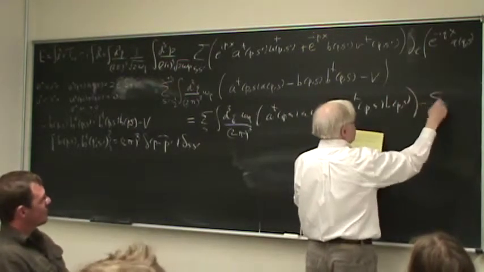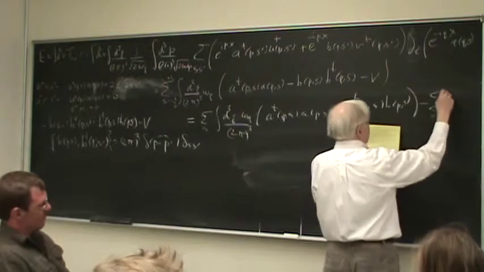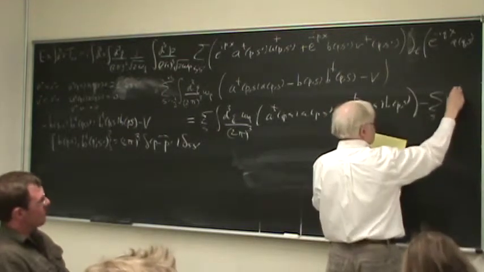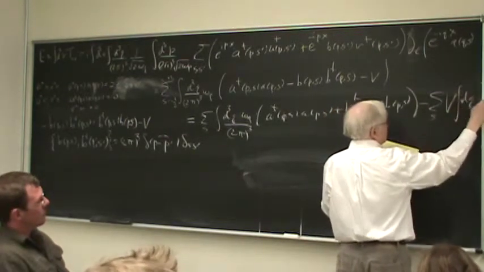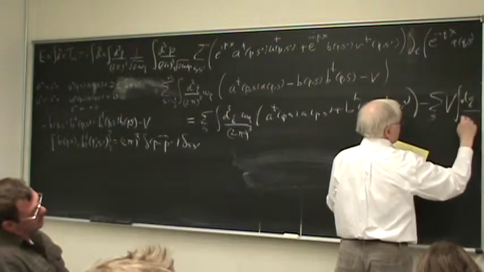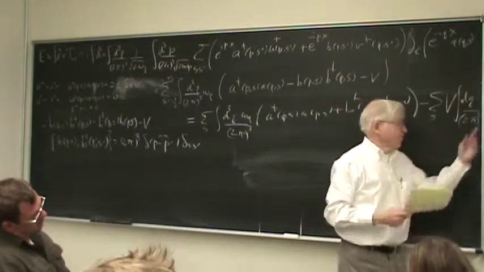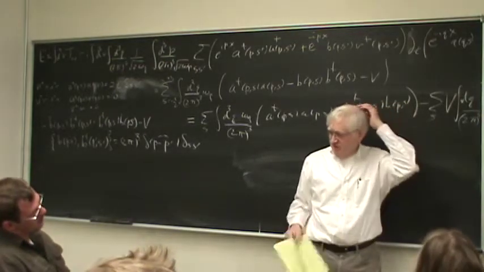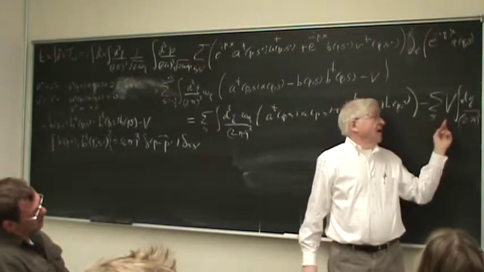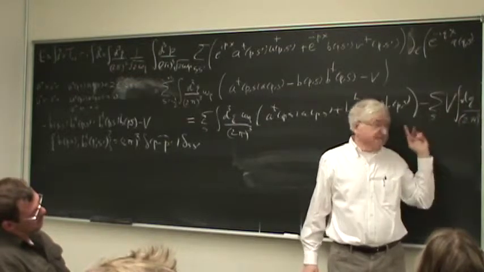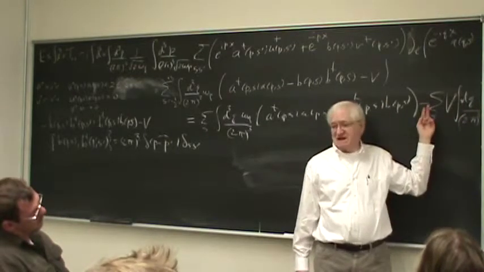Then minus the sum over spins, volume of the universe, integral d cubed q, omega q over 2 pi cubed. Okay, this is, of course, the zero-point energy, as was the other one, that's what people call it. And it's quartically divergent, but it comes in with a minus sign.